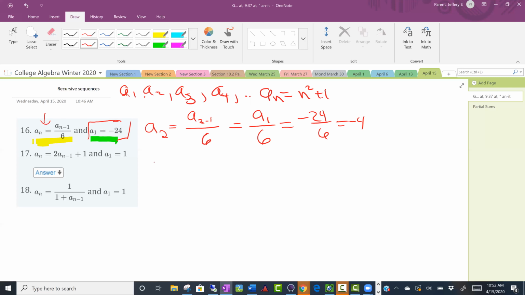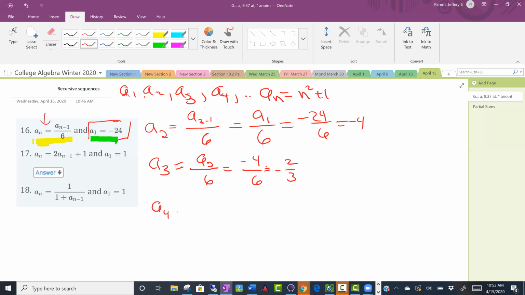Now that I have a sub 2, I can find a sub 3. A sub 3 is just going to be a sub 2 divided by 6. So it's going to be negative 4 divided by 6, which is negative 2/3, and so on.